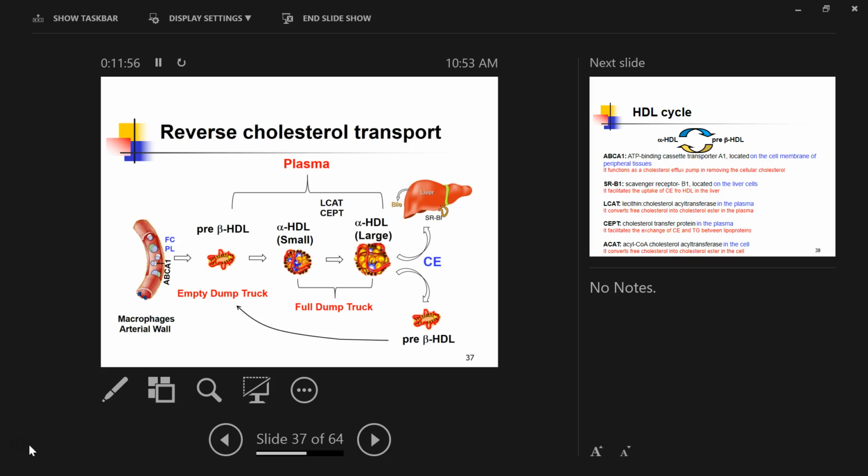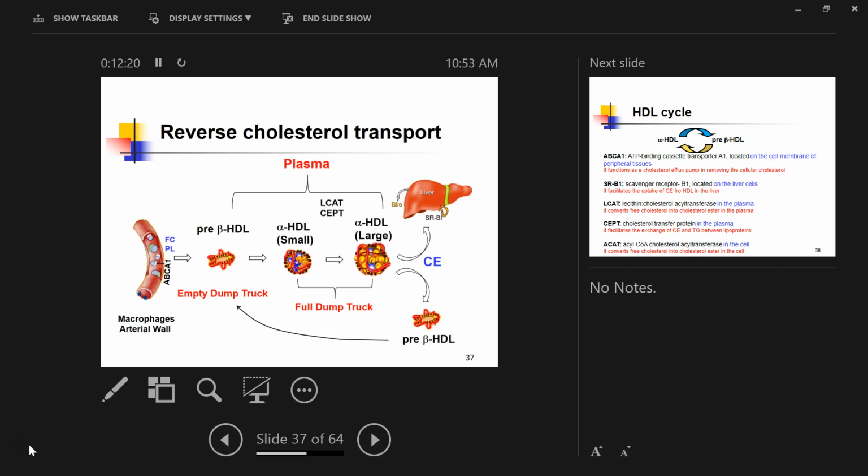And the lipids, particularly free cholesterol and phospholipids, PL, can be uploaded into the beta HDL. Beta HDL, again, is basically considered an empty dump truck.